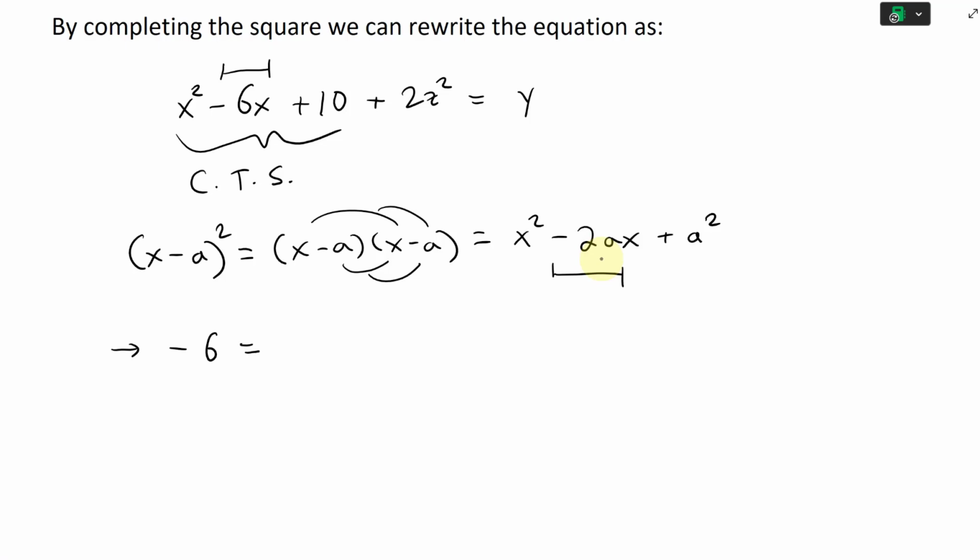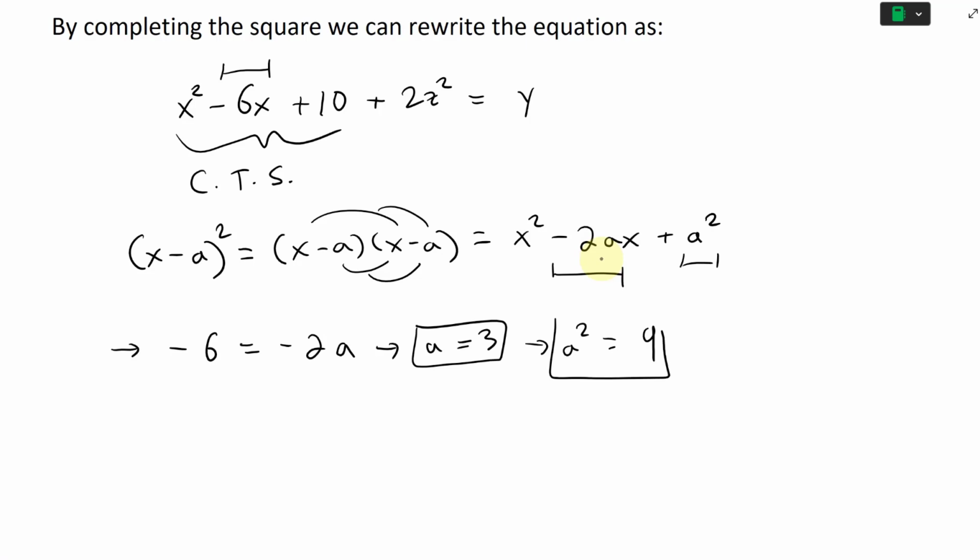This becomes positive, and then we divide it out and just get a equals 3. So negative 2 times 3 is negative 6. So a is 3, and a squared equals 9.